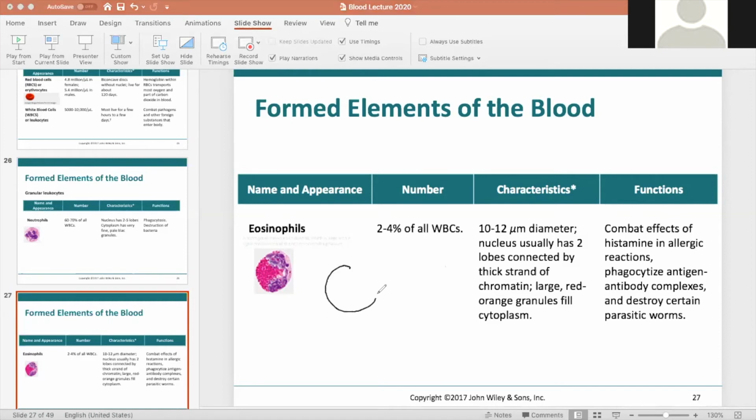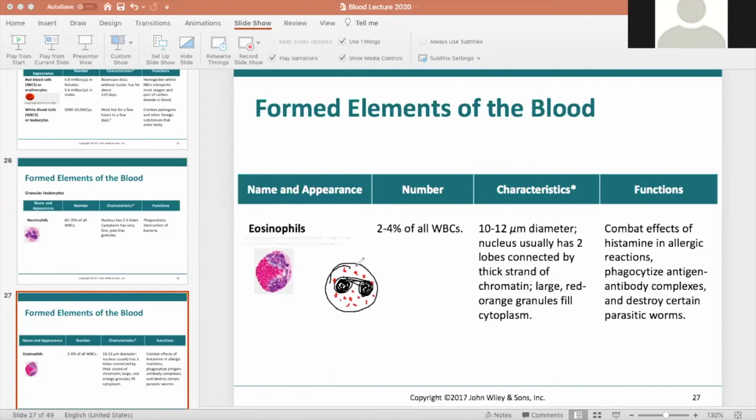So if you're looking at the eosinophils here, we're always going to be looking at the nucleus to identify these, except for really one that we can't see. It's more like a phone, and you're going to be asked to identify these on your test. So for all of the white blood cells, you want to make sure that you know what that nucleus looks like. But one thing that is different about eosinophils is that they are granular, as are the neutrophils.